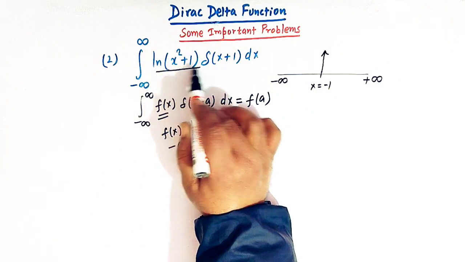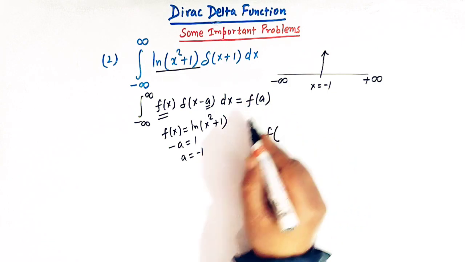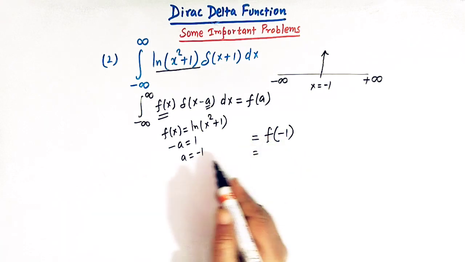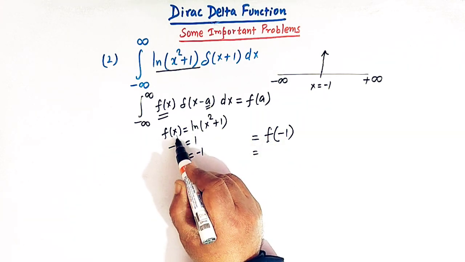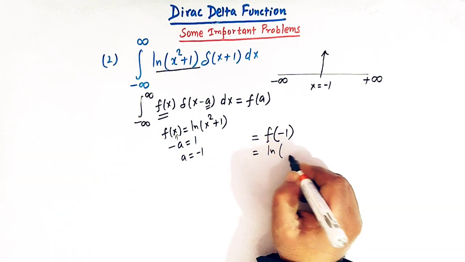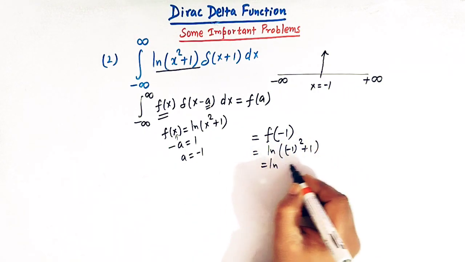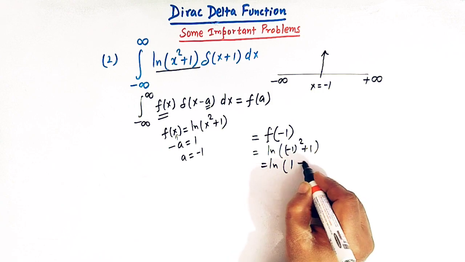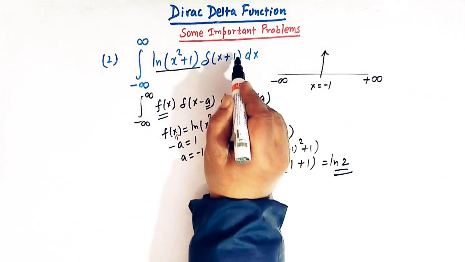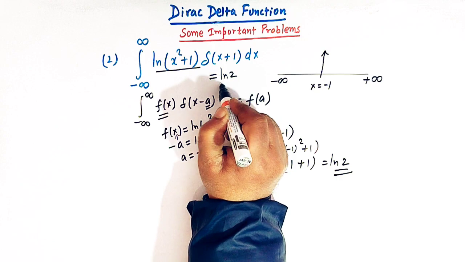So the value of this integral is simply equal to f of a, which is f of minus 1, right? And f of minus 1 can be calculated by taking x equal to minus 1 in this function. So we have log of minus 1 square plus 1. Minus 1 square is 1, so we have 1 plus 1, so this is log of 2. So the value of this integral is equal to natural log of 2.